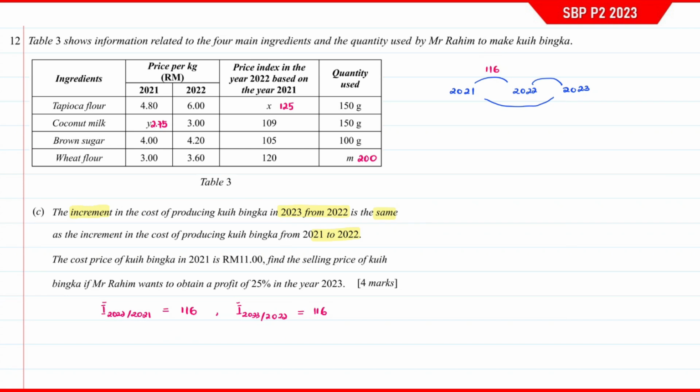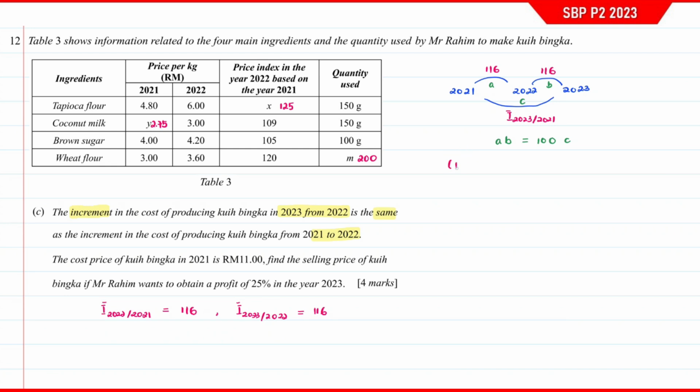So here I'm going to label this as 116. And this part here will be the composite index in the year 2023 based on 2021. So using this method, this is A, this is B, and this will be the C. And here, A times B, this is equal to 100C.